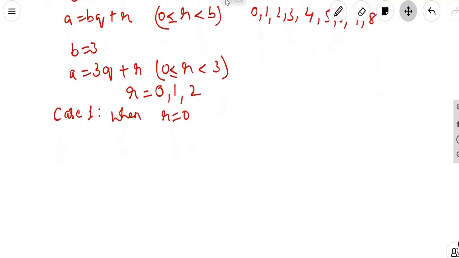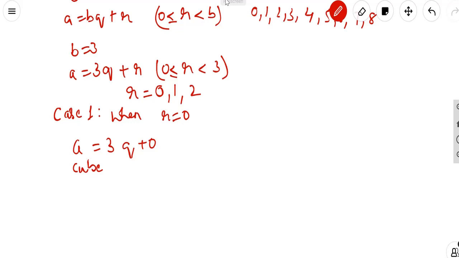If r is equal to 0, the equation becomes a is equal to 3q plus 0. Now he has asked us to cube the number. We cannot cube only one side, right side or left side.